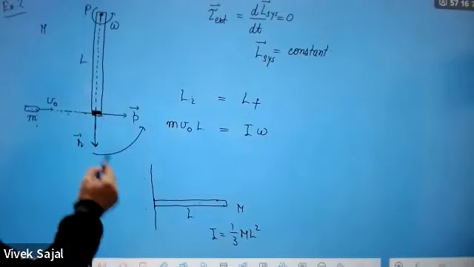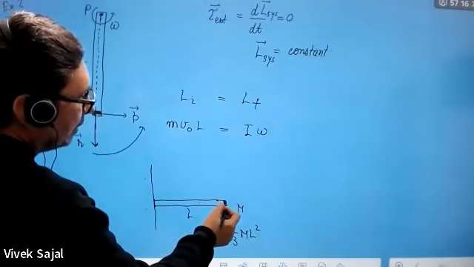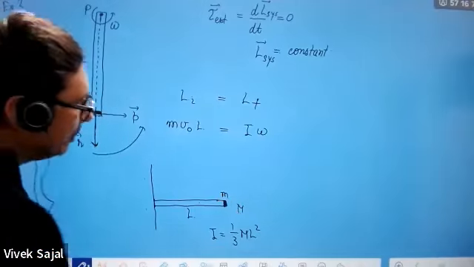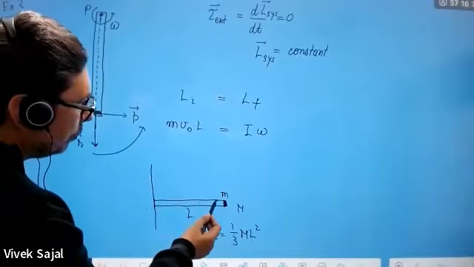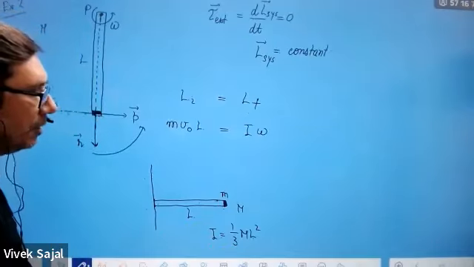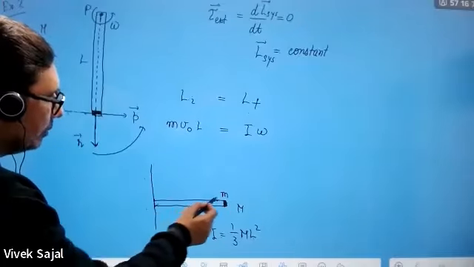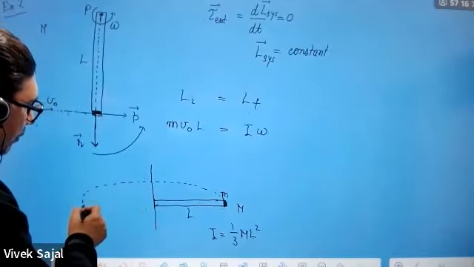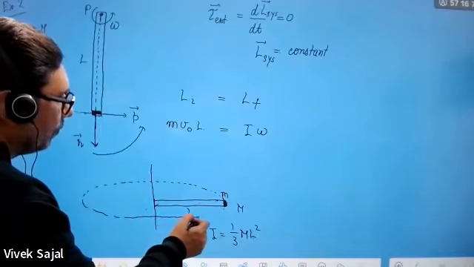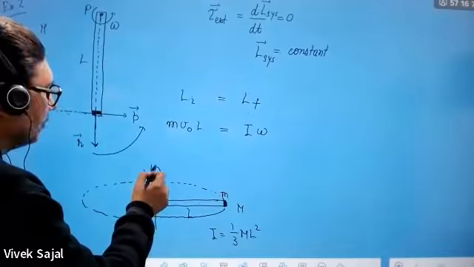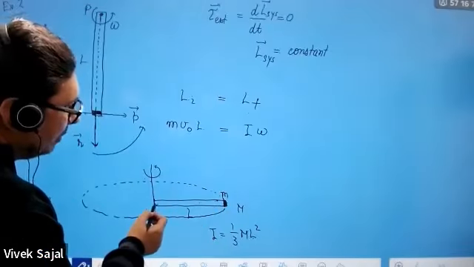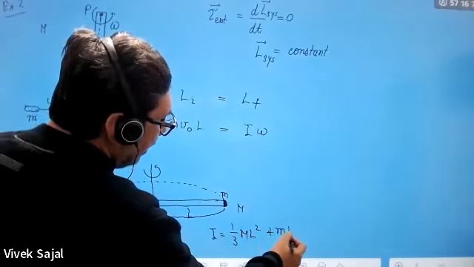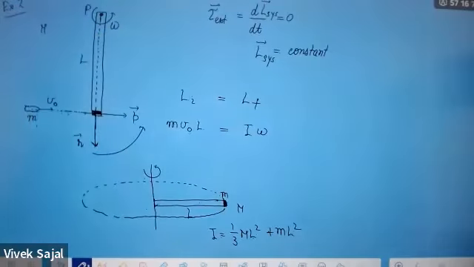Second, a bullet of mass m is attached here, and this mass is also rotating about this axis at a distance L. So this will add m L square. This will be the total moment of inertia.